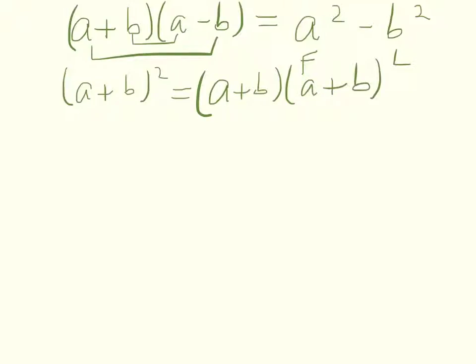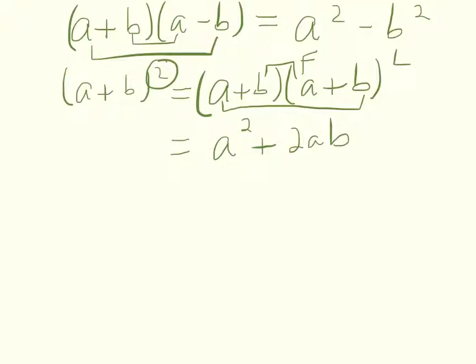To square means to have two factors of that multiplied together. And so when you do your first, outside, inside, and last, you get your a squared. Here's your outer pair, ab, inner pair, another ab. So there are two factors of ab. And then your last, of course, plus b squared.